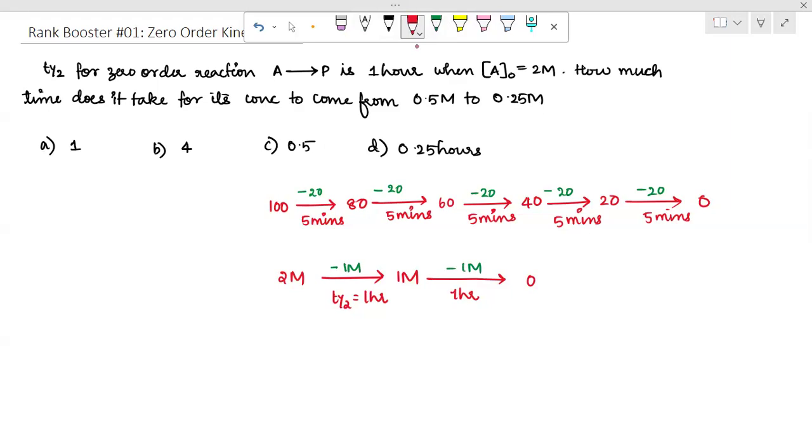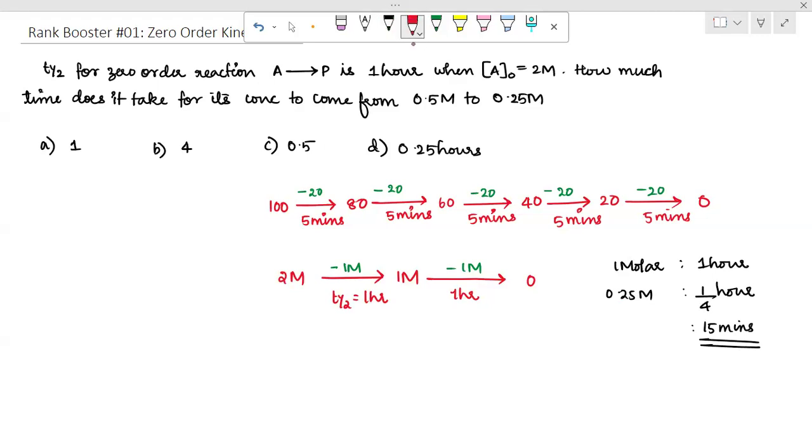If there is a reduction of 1 molar reactant in 1 hour, and I divide it by 4, 1 divided by 4 is 0.25. So 0.25 molar reduces in 1 by 4 hours, which is 60 minutes by 4, 15 minutes.